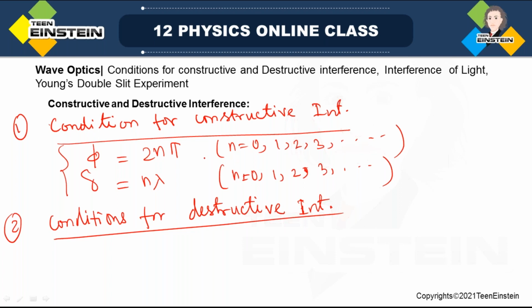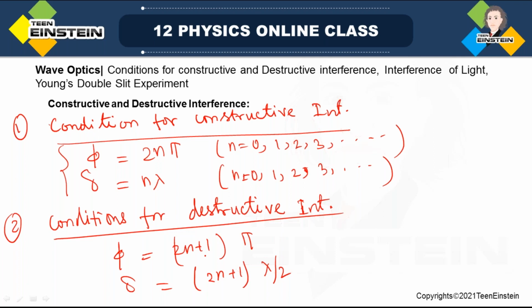If you remember the expressions for maximum and minimum intensity and the conditions for destructive or constructive interference, then it will be easier to solve numerical problems. So these are the conditions. All right, with this we are concluding the conditions for constructive and destructive interference.